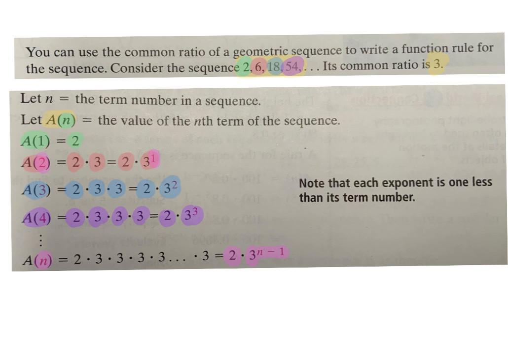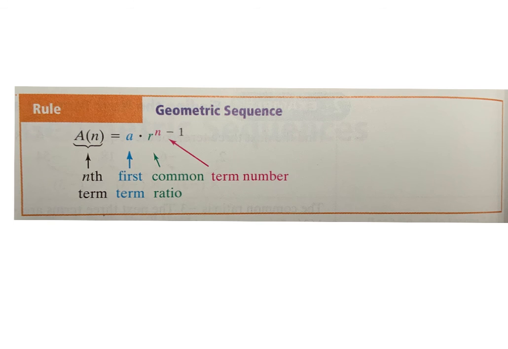And that's what you have on the very page. The formula for a geometric sequence is, if I want to find any term in my series, I am going to take my first term and multiply by my ratio raised to the power n minus 1. So if I want my 10th term, I'm going to take my first term and multiply it by my ratio raised to the 9th power, 1 less than the term I'm looking for.